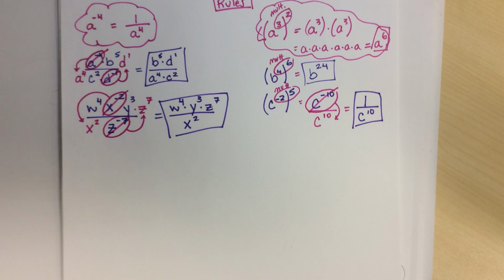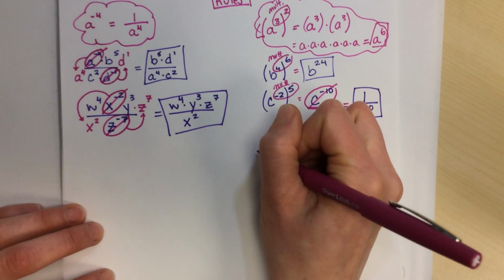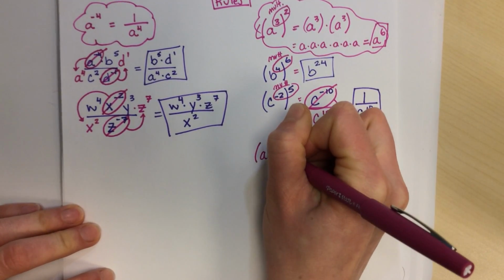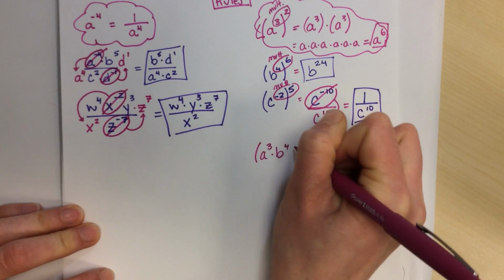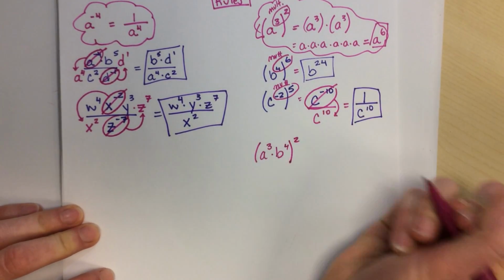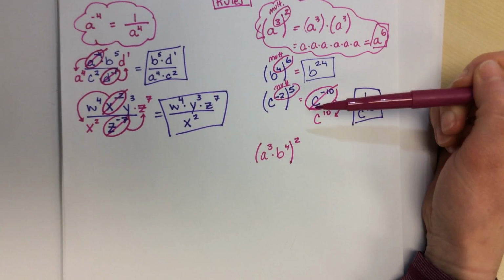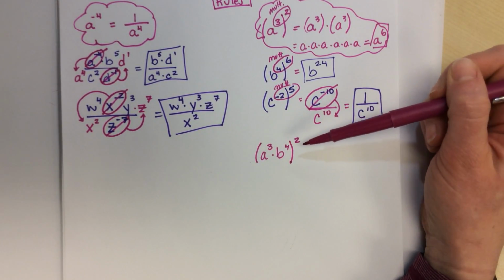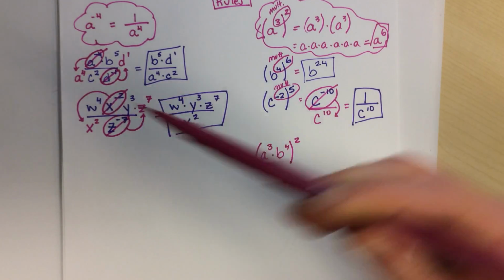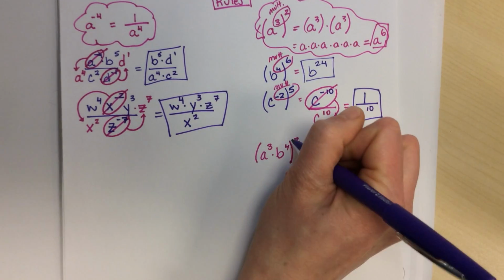So if we had multiple variables inside the parenthesis, and then we had an exponent on the outside, we still utilize this rule of when an exponent is on top of another, you multiply. But for this one, we actually have to multiply to both variables.